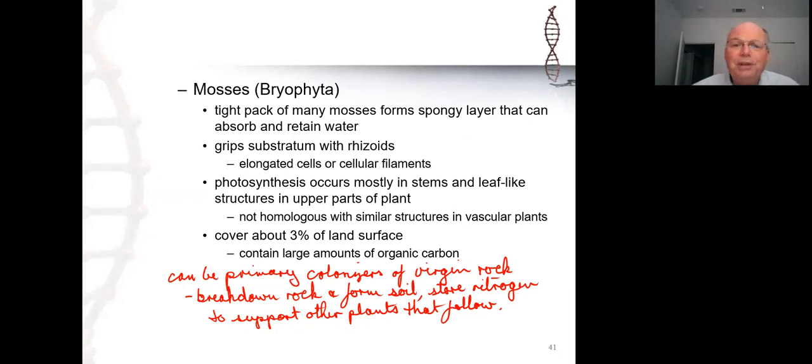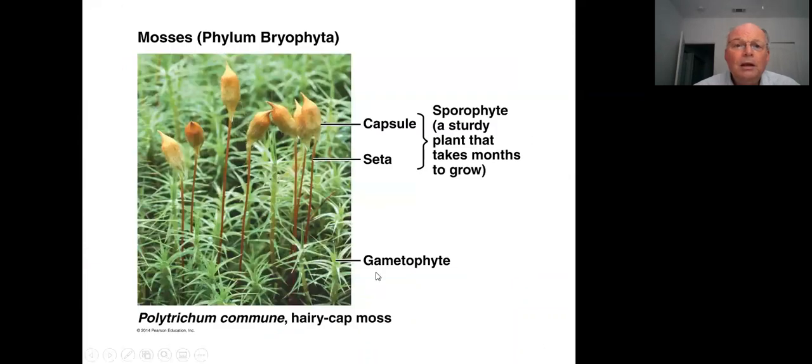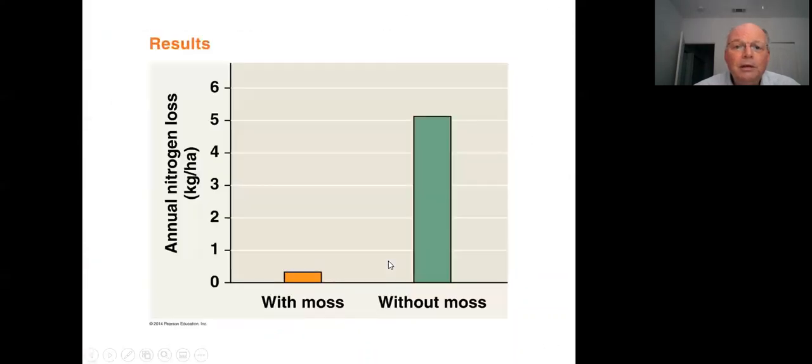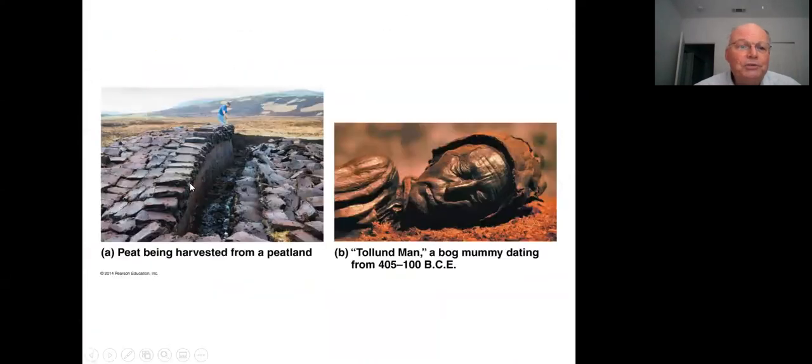And this is seen particularly in peat bogs. So peat is basically partially fossilized peat moss, and this represents a form of fuel that has been used in traditional cultures where peat has been available.